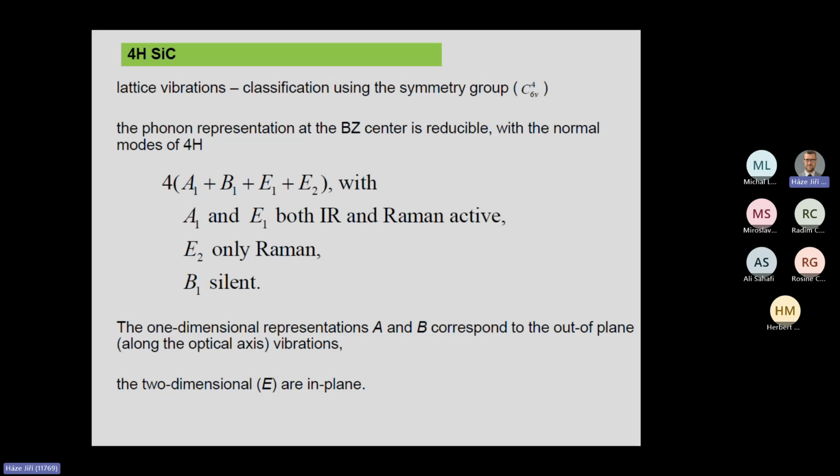The symmetry group is C6v4, which has the phonon representation of the Brillouin zone, which is reducible. I've seen here students who were obliged to understand this. The reducible representation splits, in the case of 4H, into vibrations with the symmetry A1, E1, E1, and E2.